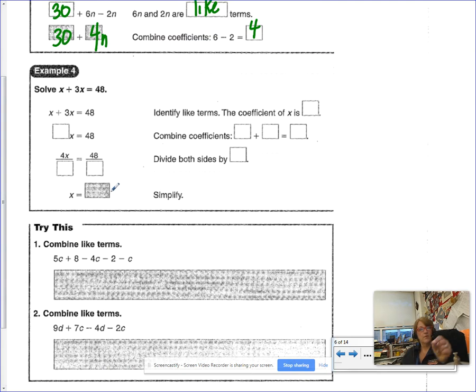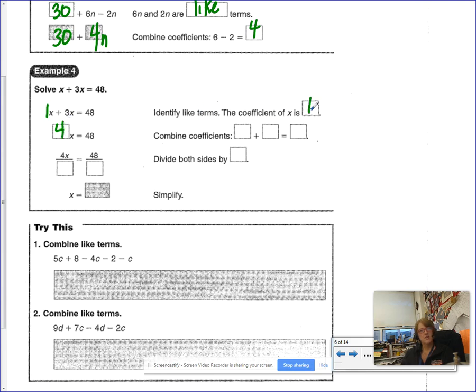So now, when we go into equation solving, if you see that you can combine like terms first, that's what we're going to do. Keep in mind, if you just have a variable, that has a coefficient of 1. 1x plus 3x equals 4x, because we're identifying the like terms.